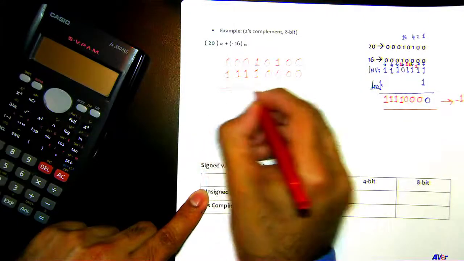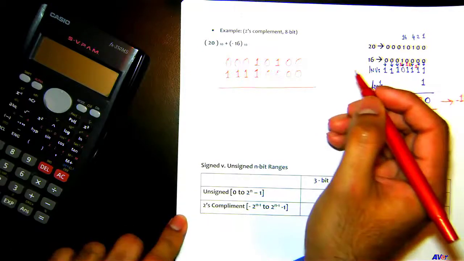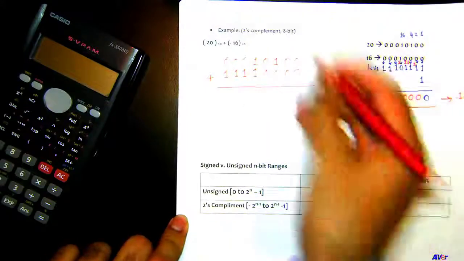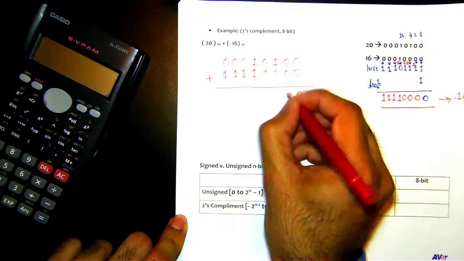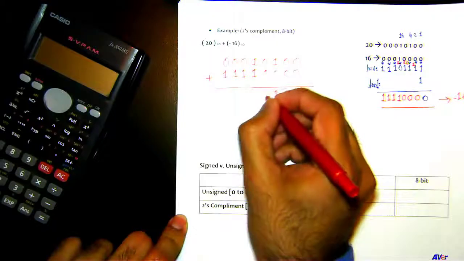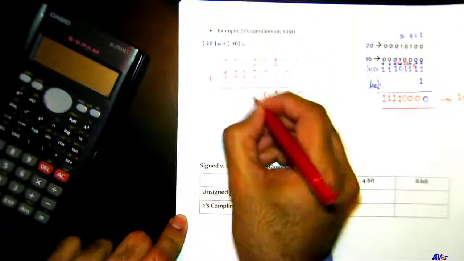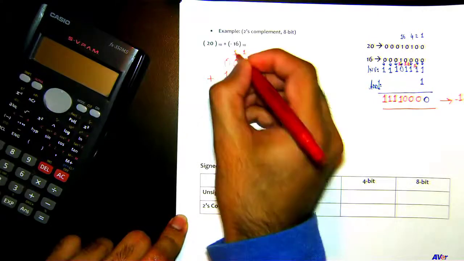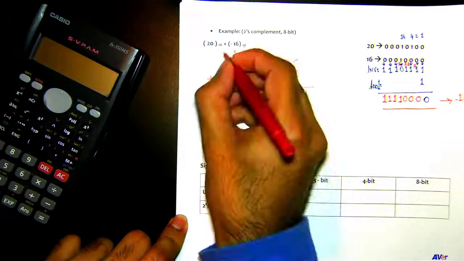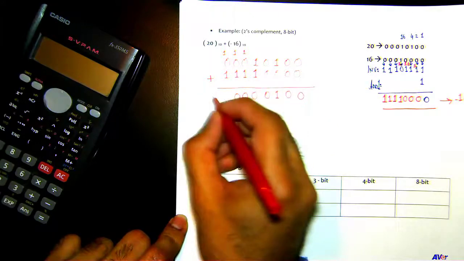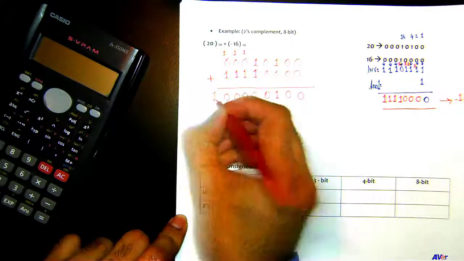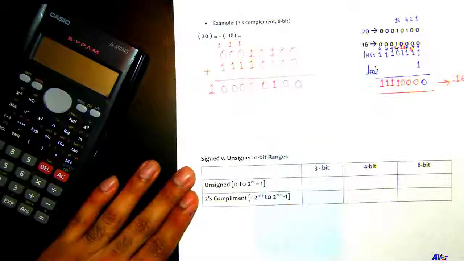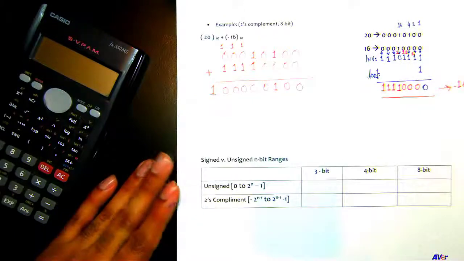And we are going to add these, correct, because this is already in negative. 0 plus 0 gets you 0. 0 plus 0 gets you 0. 1 plus 0 gets you 1. 0 plus 0 is 0. 1 plus 1 sum is 0, carry is 1. 1 plus 1 sum is 0, carry is 1. 1 plus 1 sum is 0, carry is 1. And 1 plus 1 sum is 0, carry is 1. Now notice here, again we added two 8-bit numbers and we got a 9-bit number.